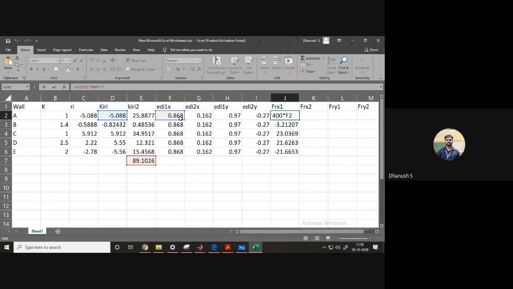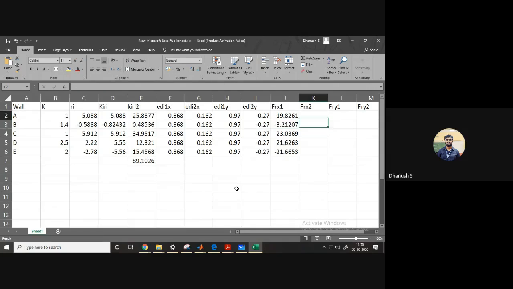In this case, it happens to be 0.868. Clear? Yes, sir. Individually check for 1 or 2 other walls and see if the values are correct. Matches, sir. Okay.